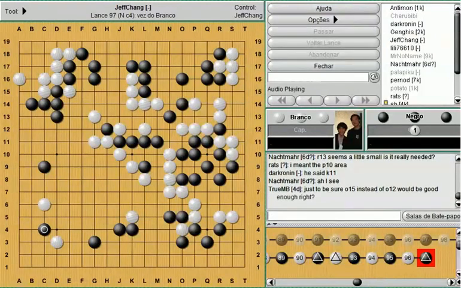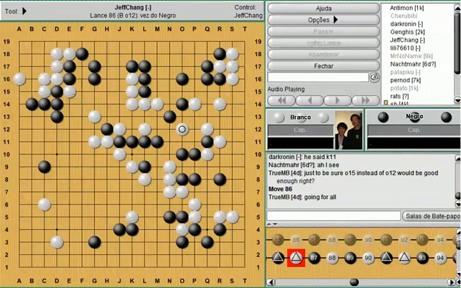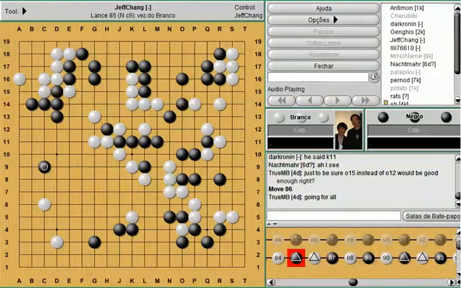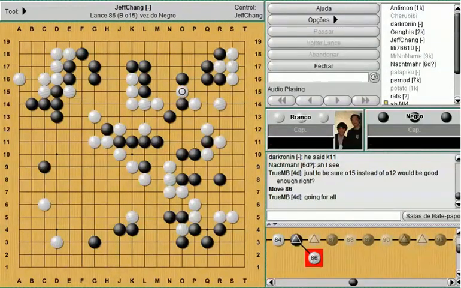So basically the thing is, when white played here to simplify the situation, white is losing the game. Therefore here, white cannot simplify the situation. So this move is white's only choice.